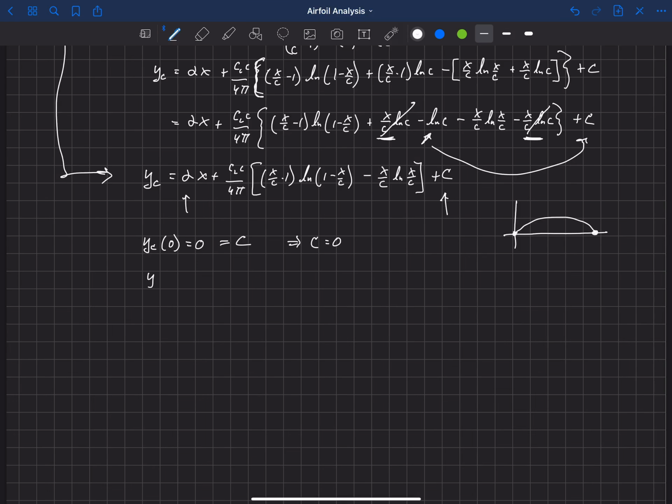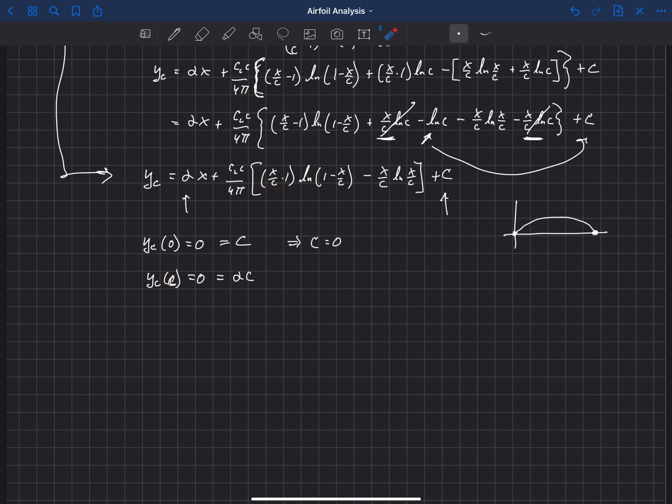Okay, so now let's look at y at c. At the chord, that's also got to be equal to 0. So let's walk back through this. So that first term is going to be alpha times c, a little c now. This is little c, our chord. And then we can keep walking through this. We've got x over c.